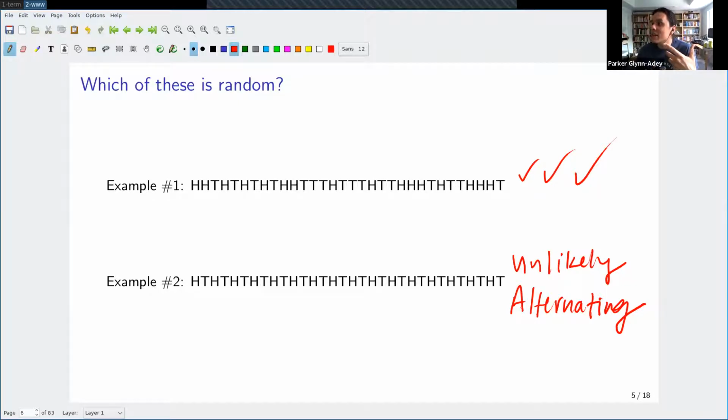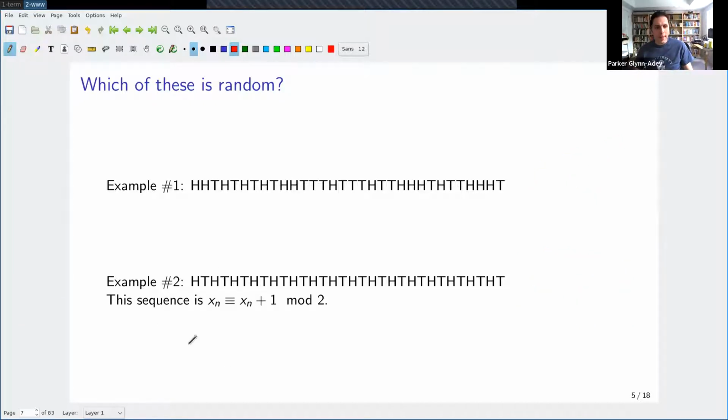And thinking about that Kolmogorov complexity idea, this sequence has a really short algorithm that generates it, right? It's just x_{n+1} equals x_n plus 1 mod 2. I just keep switching 0, 1, 0, 1, 0, 1. Great.